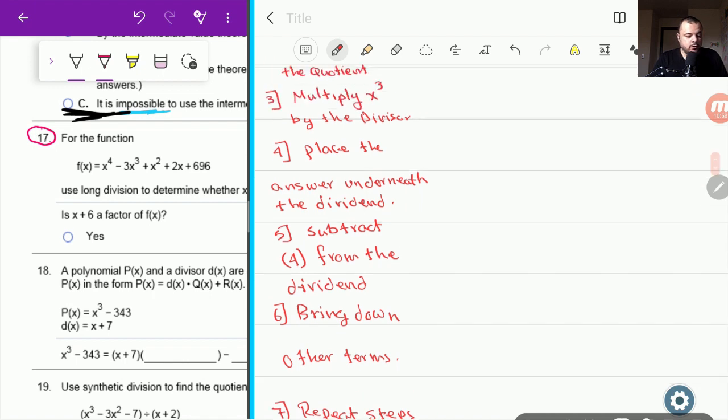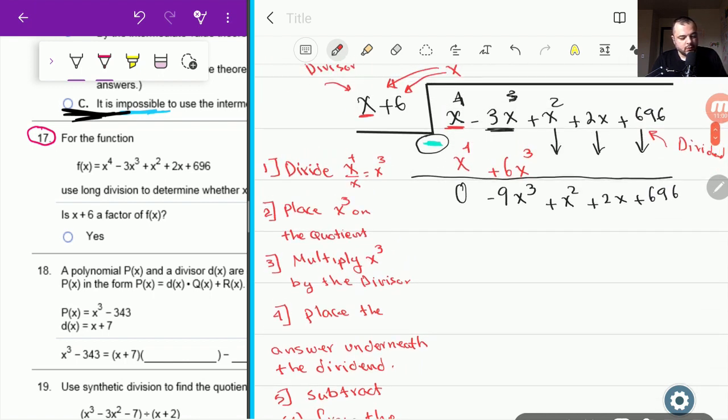So now we are going to repeat. This is my brand new dividend. Now the zero is gone, so we do the same thing.